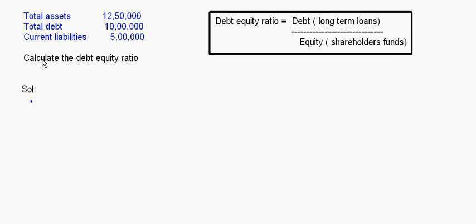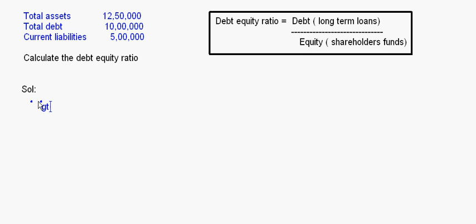Now here you see you have been given the total assets, total debts are given to you, and current liabilities is given, right? When I say total debts, it actually refers to the total liabilities, right? So debts are basically liabilities.